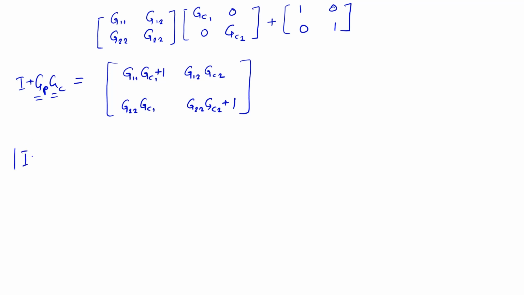So the determinant of I plus GPGC is going to be 1 plus G11 GC1 times, let's be consistent, 1 plus G22 GC2 minus, hey, what is this? Did I do it right?